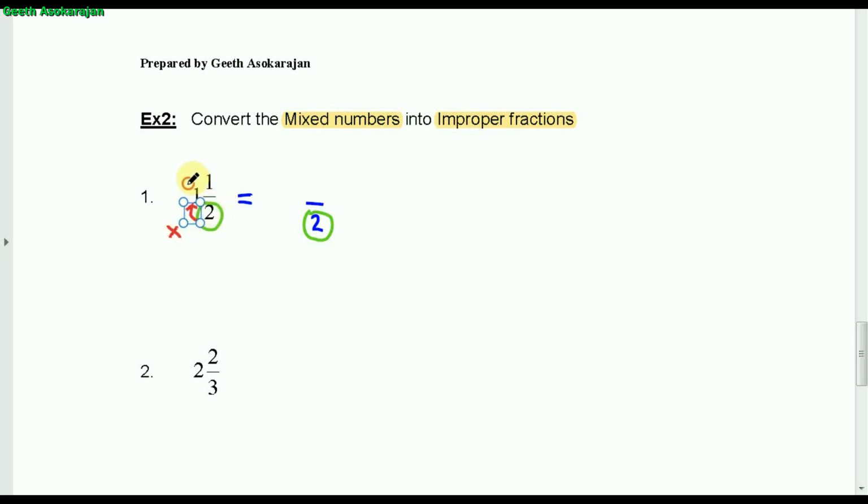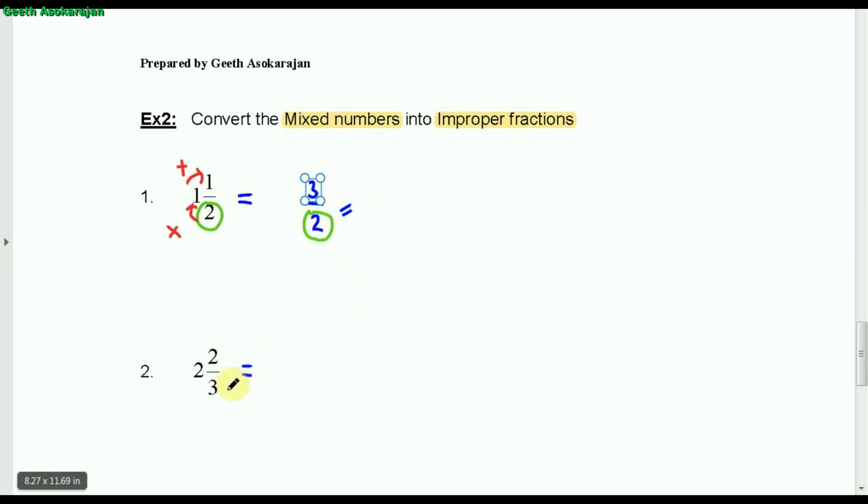Okay, and then we add the answer to the term on top, or the 1 on top in this case. So if I revert to blue, my favourite colour, 2 times 1 is 2, plus that 1, 2 plus the 1 is 3. So 1.5 is the same as 3 over 2, and then we're done.